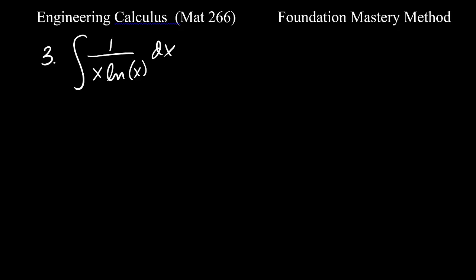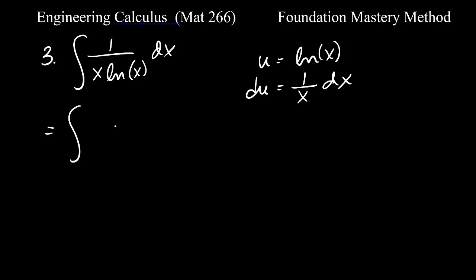For the third example, let's look at the integral of 1 over the product of x times ln of x dx. If we make a u substitution and let u equal ln of x, then du will equal 1 over x dx. So now, making that substitution, we'll have the integral of 1 over u.